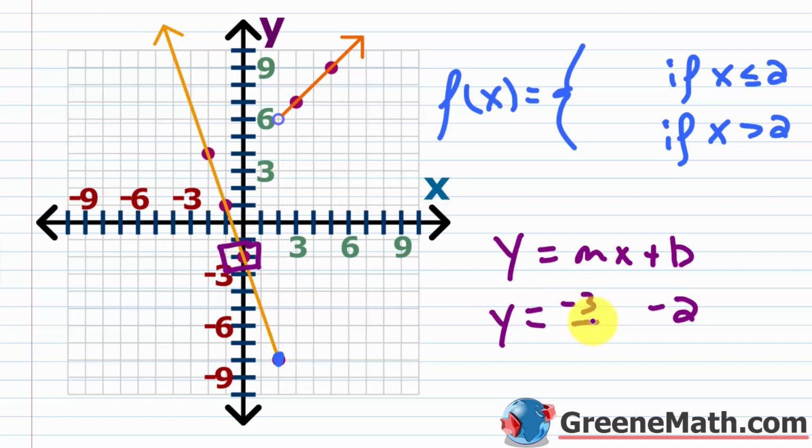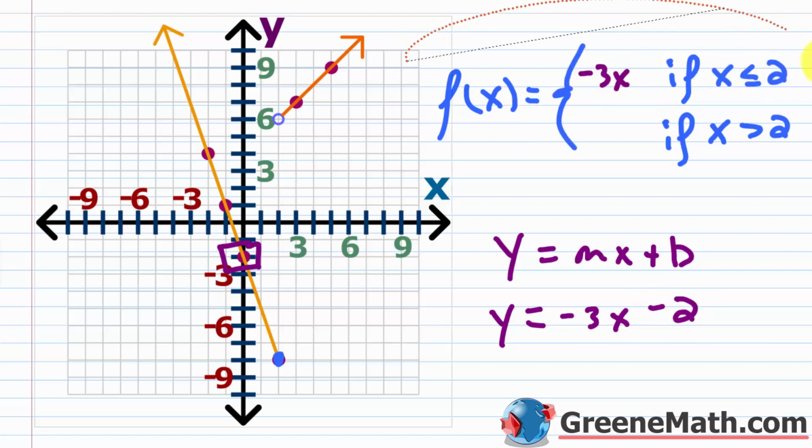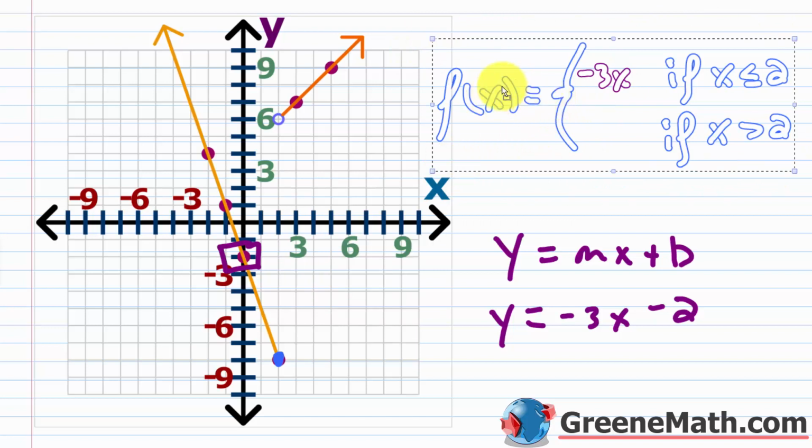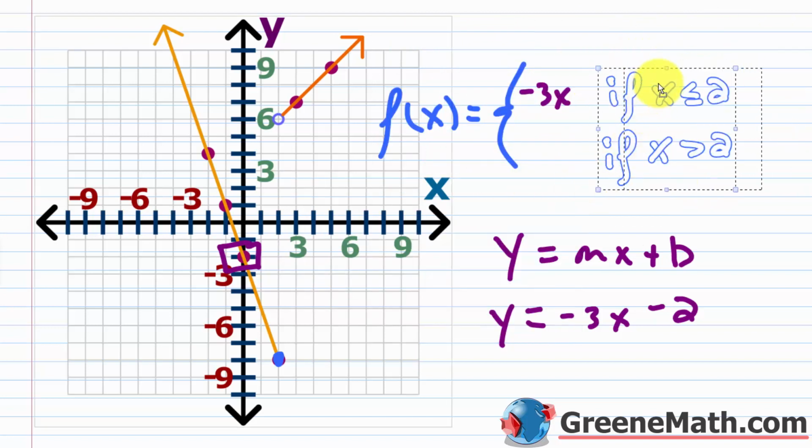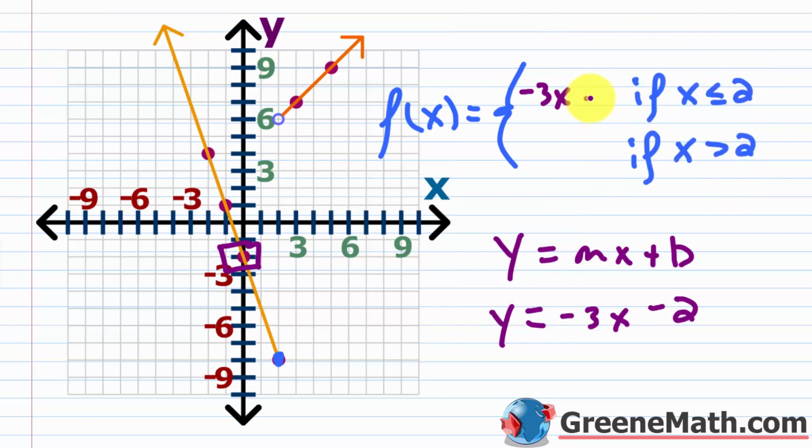So it's -3 over 1, which is just -3, right? So I have y equals -3x minus 2. So essentially, my f of x or my y is equal to -3x minus 2 if x is less than or equal to 2. So -3x, let me slide this down a little bit. And I can just say -2.